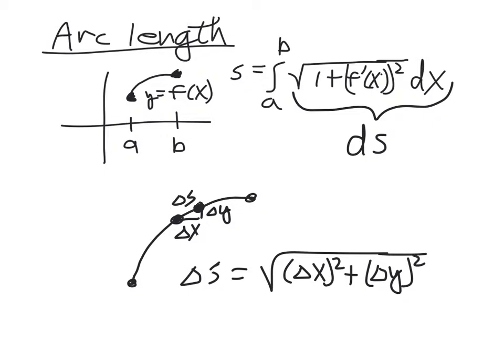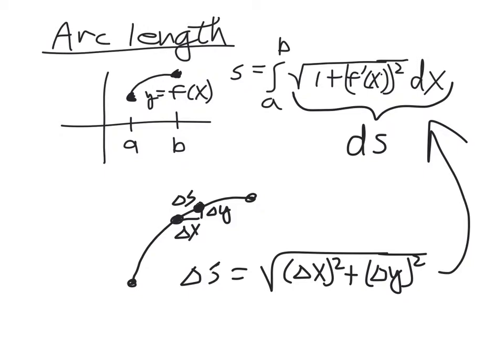And then there's a lot of fancy algebra that we go through, and we end up with ds once we take the limit as this delta x approaches 0. That's going to equal the arc length here, adding all of the delta s's up.